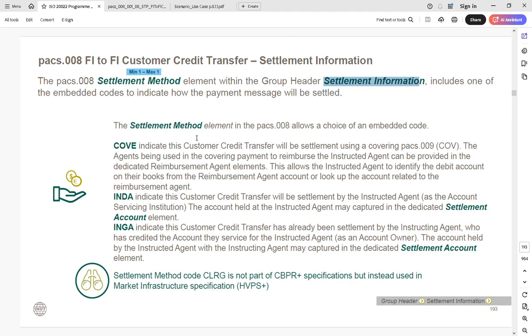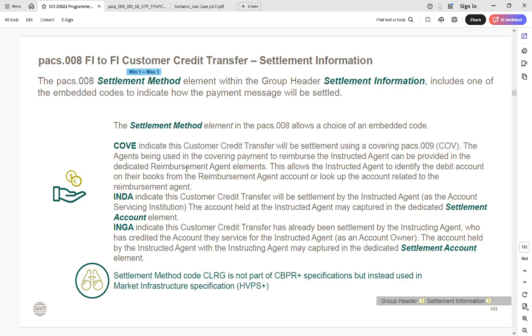What are these methods? COV, cover, indicates that the customer credit transfer will be settled by using covering PACS009. So if you are using PACS009 in your message, that settlement method is called cover. By default, all the messages having PACS009 cover are called cover messages.